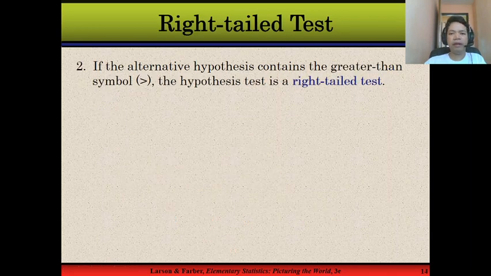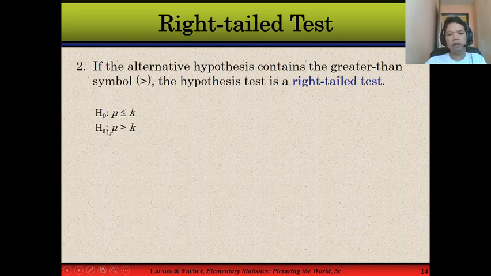Okay, how about a right-tailed test? If the alternative hypothesis contains the greater than symbol, nasa kanya yung symbol na greater than, the hypothesis test is a right-tailed test. Okay, for example, ganito ang itsura na alternative sa kanan null hypothesis natin. Mu is less than or equal sa k for the null.